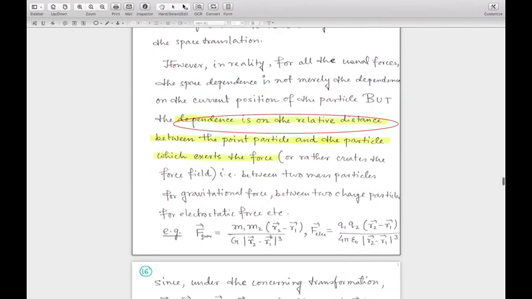Okay. And in a case where you have just two mass particles and we are talking about gravitational force, you know that the famous Newton's law of gravitation gives you this, where basically this is a function of the relative distance of r2 and r1. And in an analogous way, you can say that for two charged particles you have Coulomb's law of attraction or repulsion, which is also depending on the relative distance between two charges.